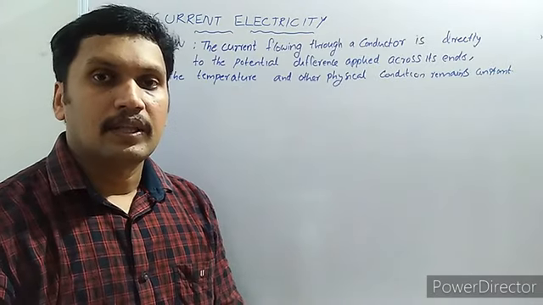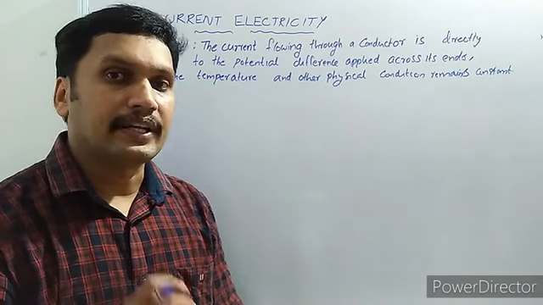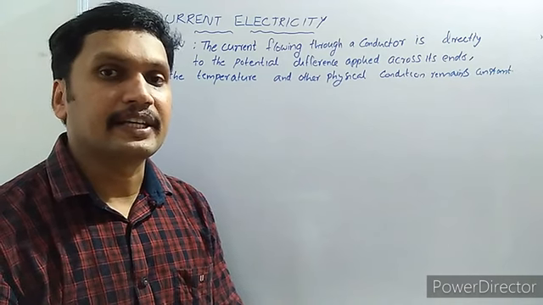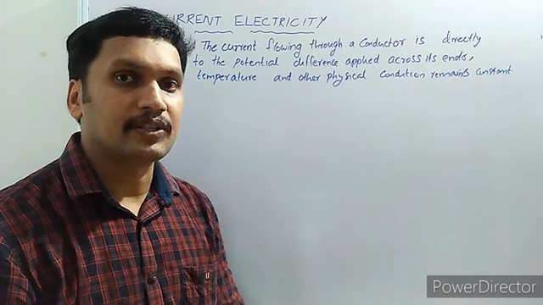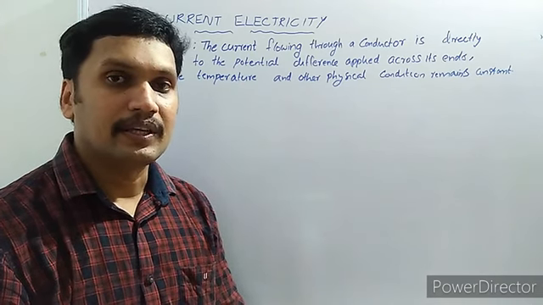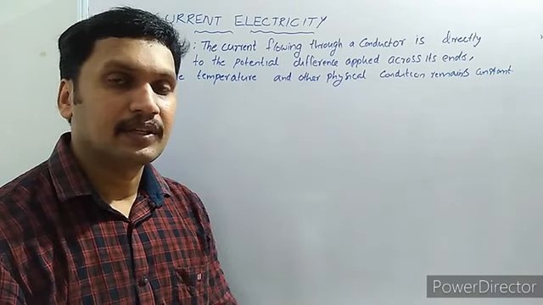The basic law regarding the flow of electric current was discovered by the scientist George Simon Ohm in 1828.